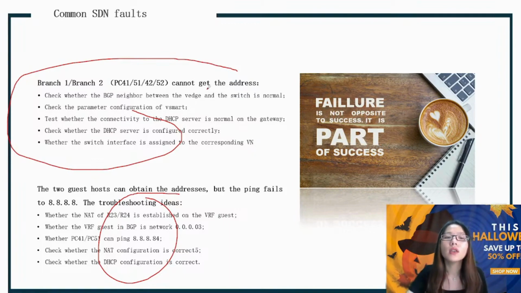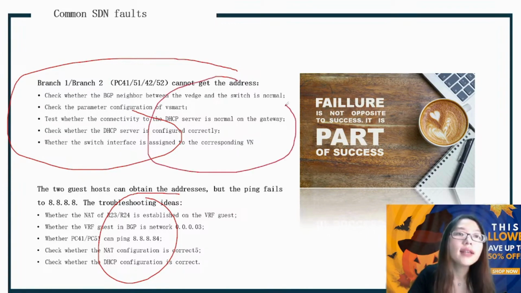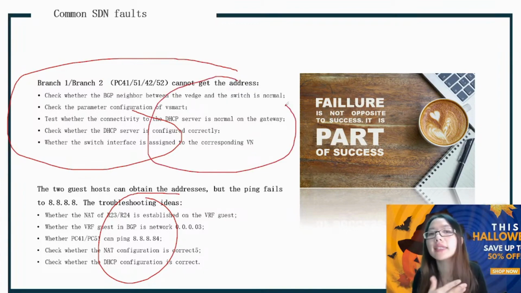So you can learn it by yourself through the PPT. Okay. So you can follow the troubleshooting idea. Okay.